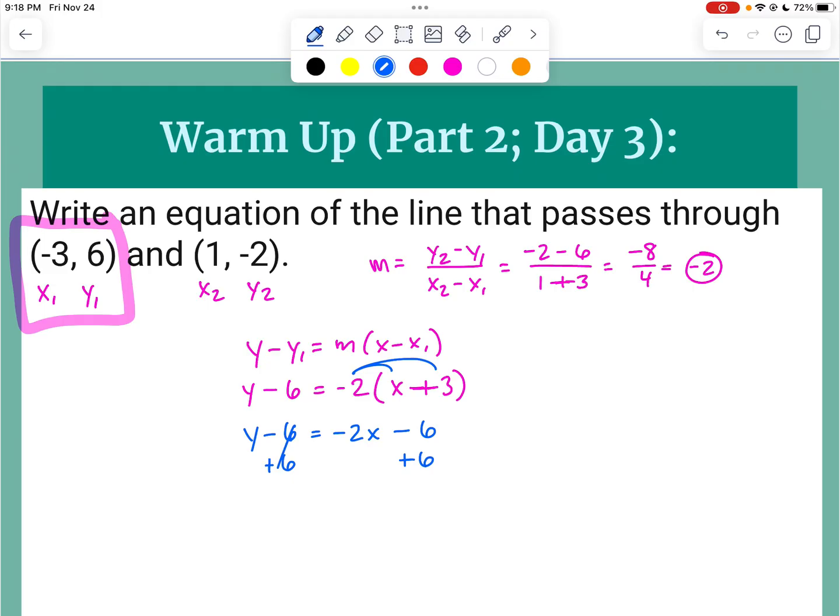So I'm going to add, because that's the inverse operation of subtracting. And we get y equals -2x plus, wait a second, -6 plus 6. Oh, it's just 0. So really I can take that one step further. y equals -2x. And there's our equation in slope-intercept form.